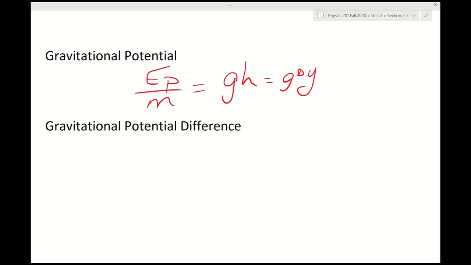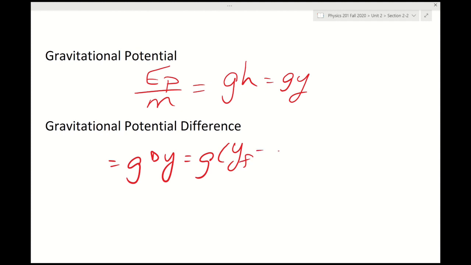And the gravitational potential difference is simply going to be from one position to another, and that's going to be a G delta Y or a G (YF minus YI). So what that tells you is, depending upon the mass and depending upon the change, this is an indication of the strength of gravity.